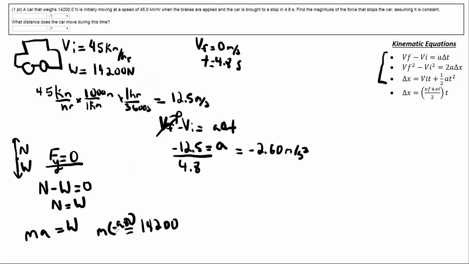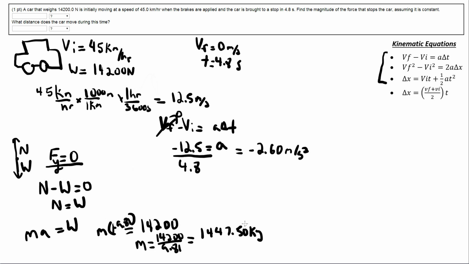But just to make our lives easier, I'm going to take the magnitude of the acceleration in order to get the mass. So the mass is going to be 14,200 newtons divided by 9.81 meters per second squared, which gives us a value of 1,447.50 kilograms.